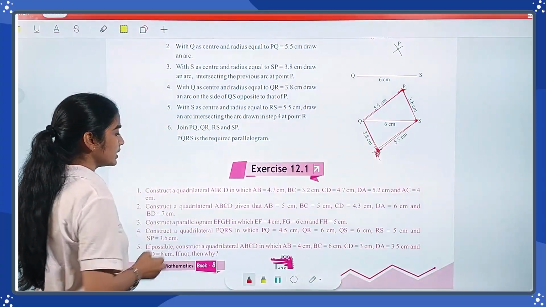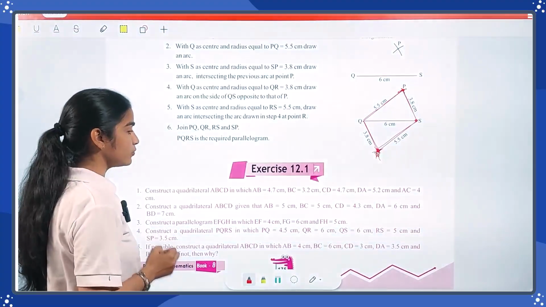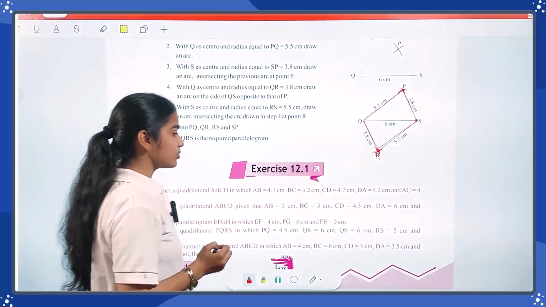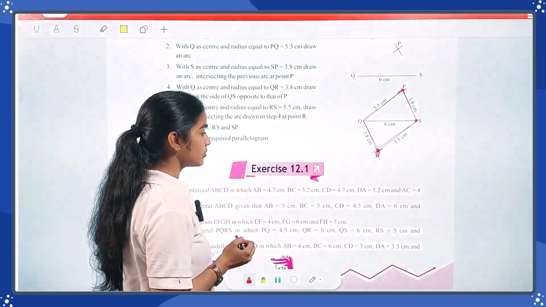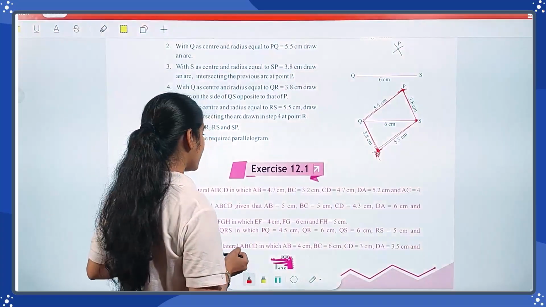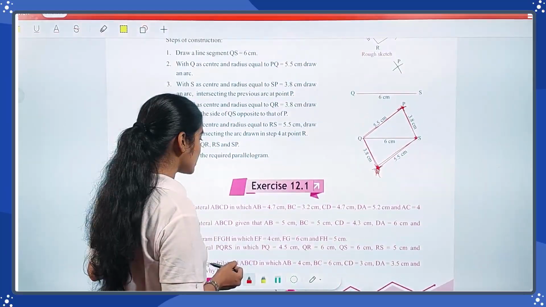Now exercise 12.1. Construct a quadrilateral ABCD in which AB is equal to 4 centimeter, BC is equal to 3 centimeter, CD is equal to 4.7 centimeter, DA is equal to 5.2 centimeter and AC is equal to 4 centimeter.